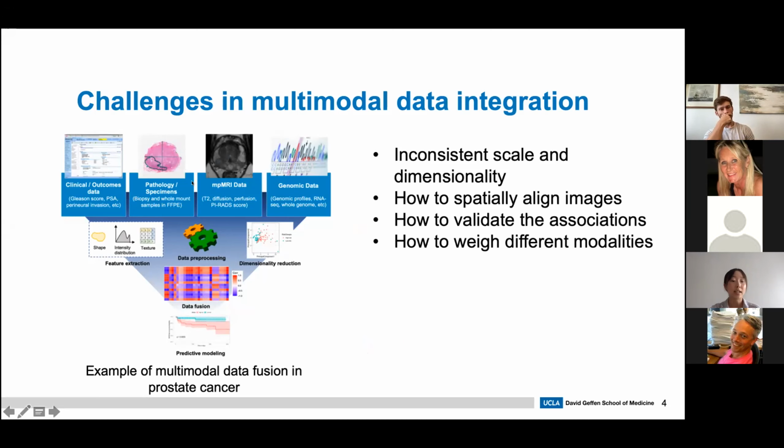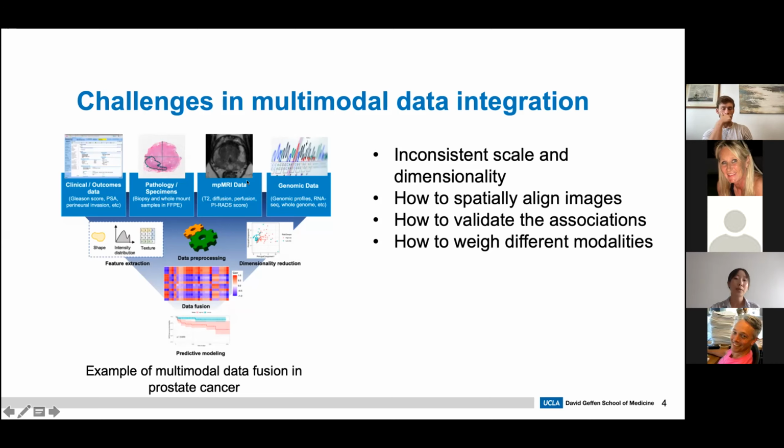And in the case of wanting to fuse different imaging modalities together, we have to consider how you actually spatially align them. So for example, if we want to fuse the pathology image with the MRI, we have to consider that pathology specimens are taken out of the human body, which means that they might deform. And that makes it harder to align with other imaging modalities.